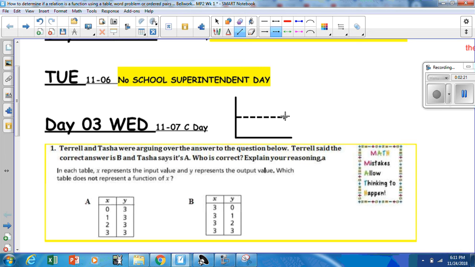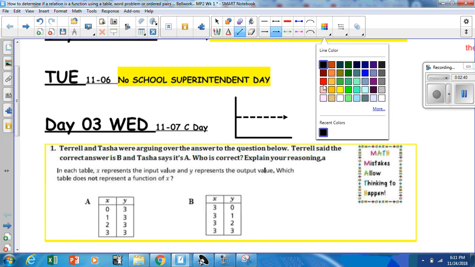That looked like that. And in B, it looks like my X values are staying constant at 3, and my Y values are going up. So that would look something like this, my friends.